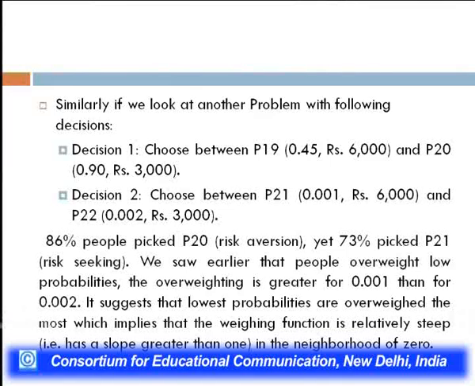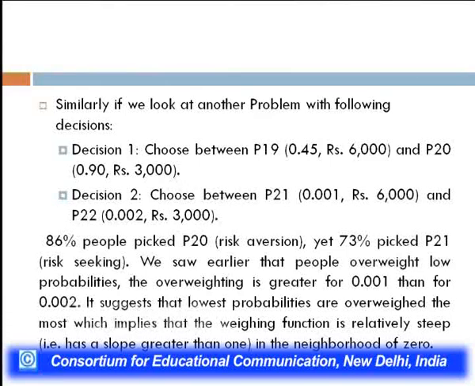In decision 2, the options are P21 and P22. P21 shows a 1% chance of earning 6,000 and P22 shows a 1% chance of earning 3,000. Yet, people will choose P21, being risk seekers.